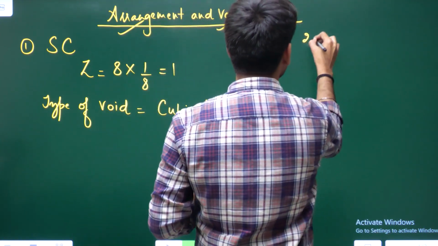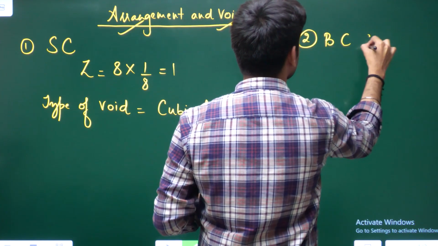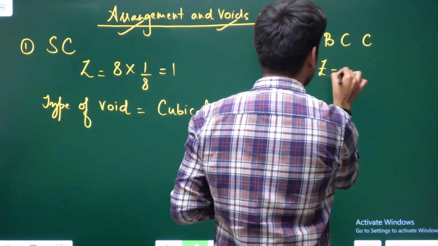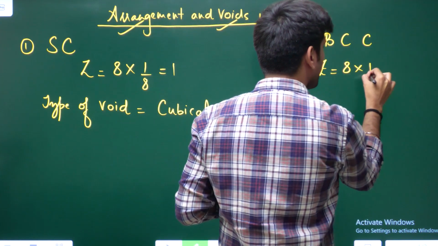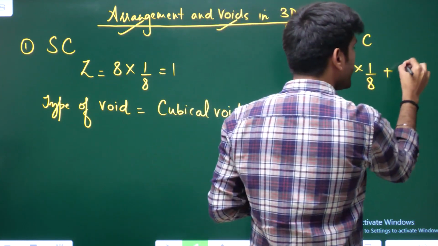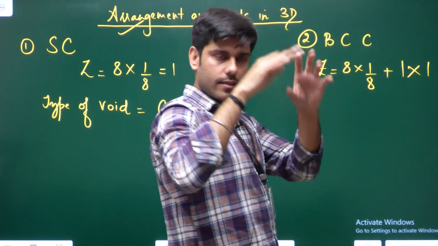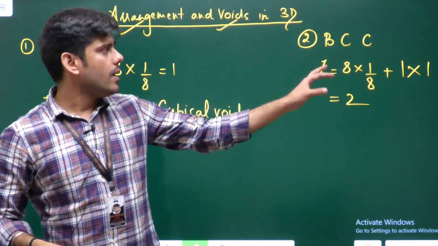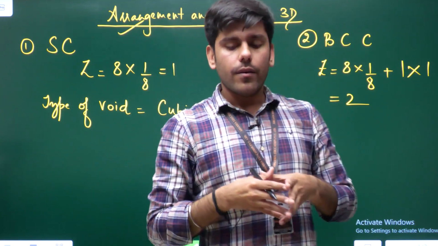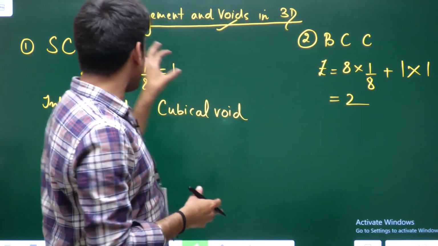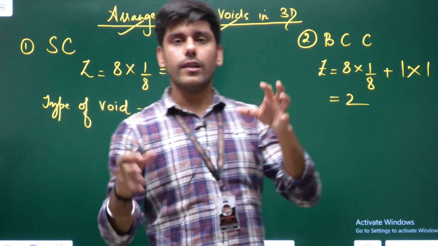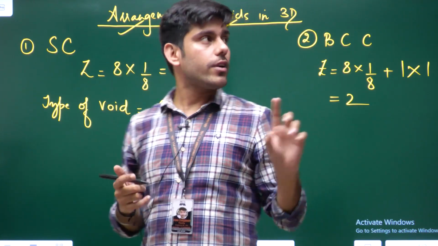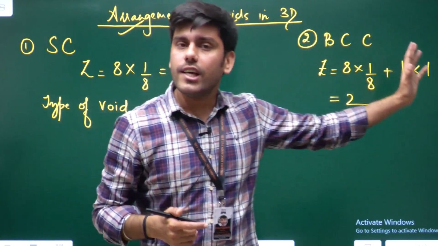Now when it comes to BCC, that is the body centered cubic unit cell, you know the Z value is 8 at the corners multiplied by its contribution plus 1 at the body center, and you know that it is completely inside, so I multiply by 1, so it comes out to be 2. Now what is important to understand is that in the simple cubic, the atoms at the corners are touching each other along the edge, but in BCC they are not touching each other along the edge.